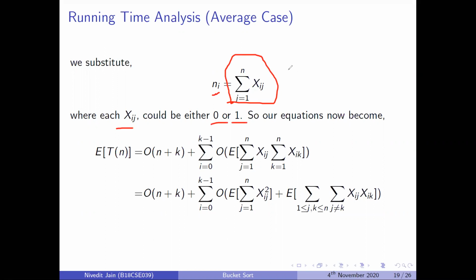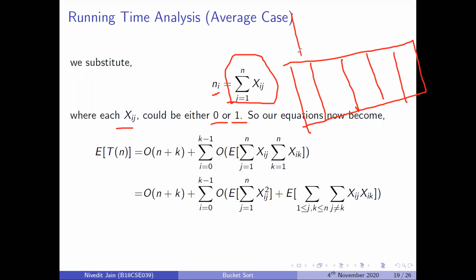To give you a feeling of this, let's consider a matrix. This way represents your numbers, and this way represents your bins. So this would be k, this would be n.